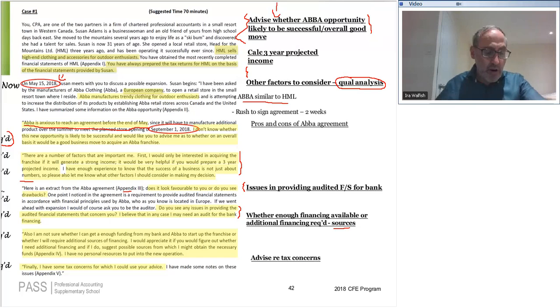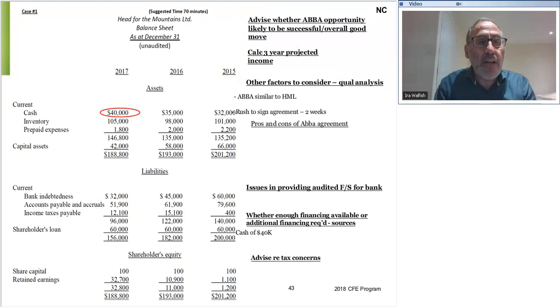Let's now turn our attention to the first appendix. In the first appendix, we're given financial statements. Now, when I look at the financial statements, guys, first thing I see is the balance sheet. For the balance sheet, at this stage, the only thing I picked up was cash. The reason why I noticed the cash is it kind of ties in with the financing required.